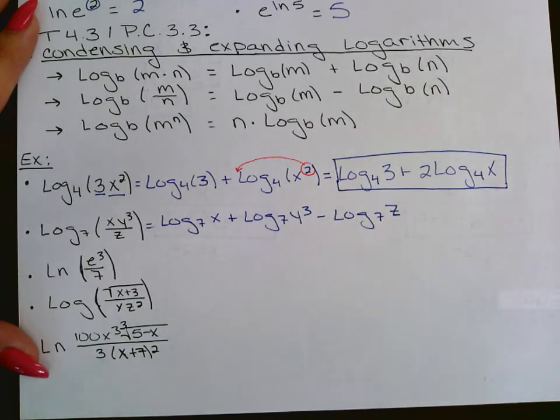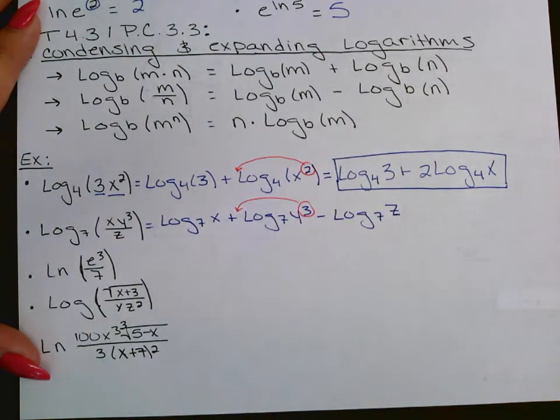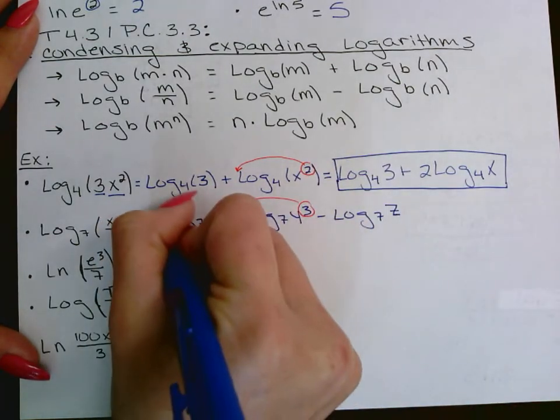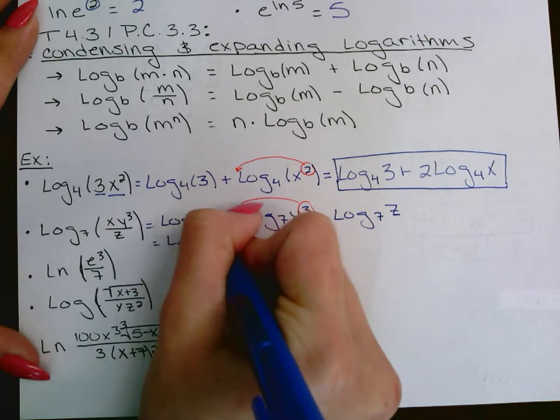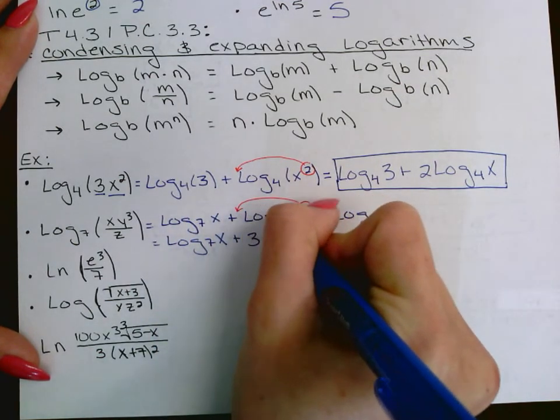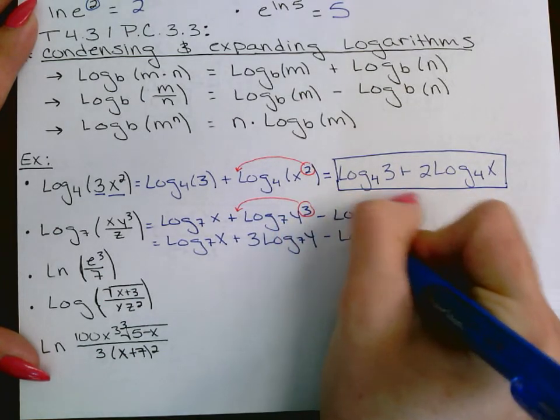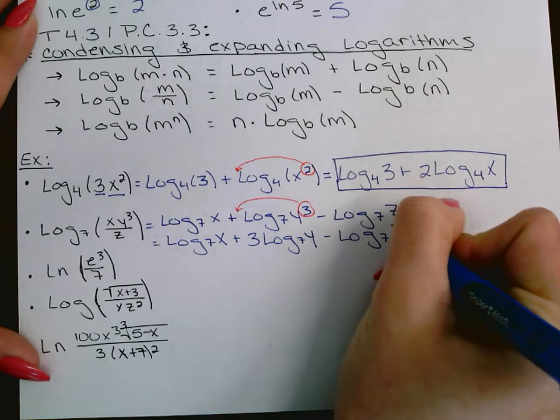And again, if you wanted to, you could have put that 3 up front already and done it all in one step. But this becomes log base 7 of x plus 3 log base 7 of y minus log base 7 of z.